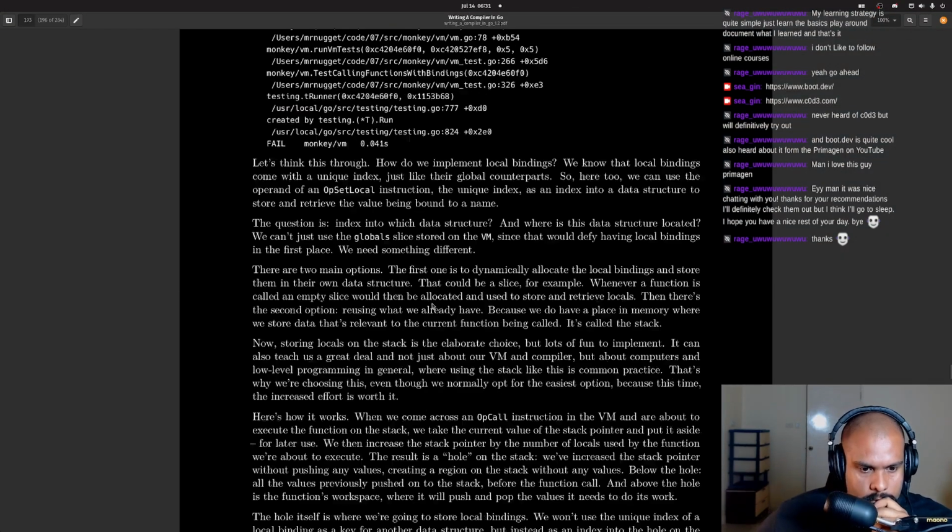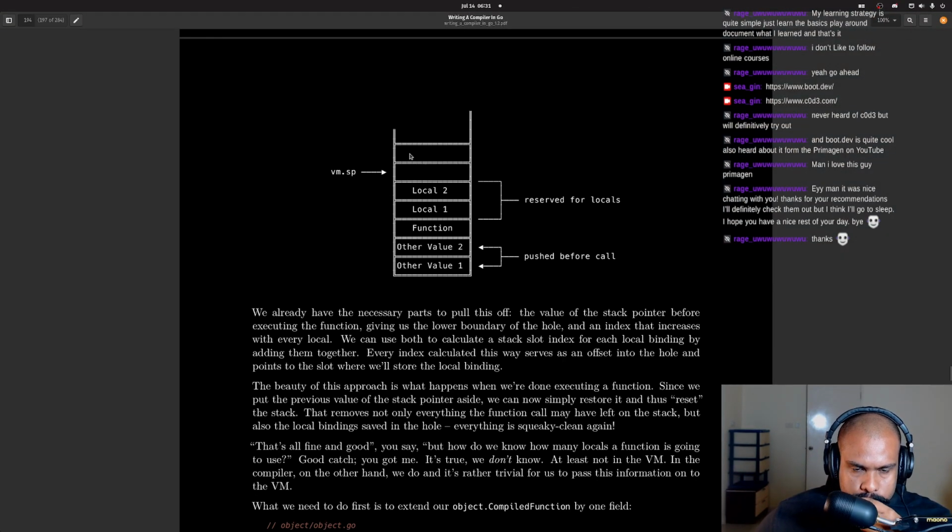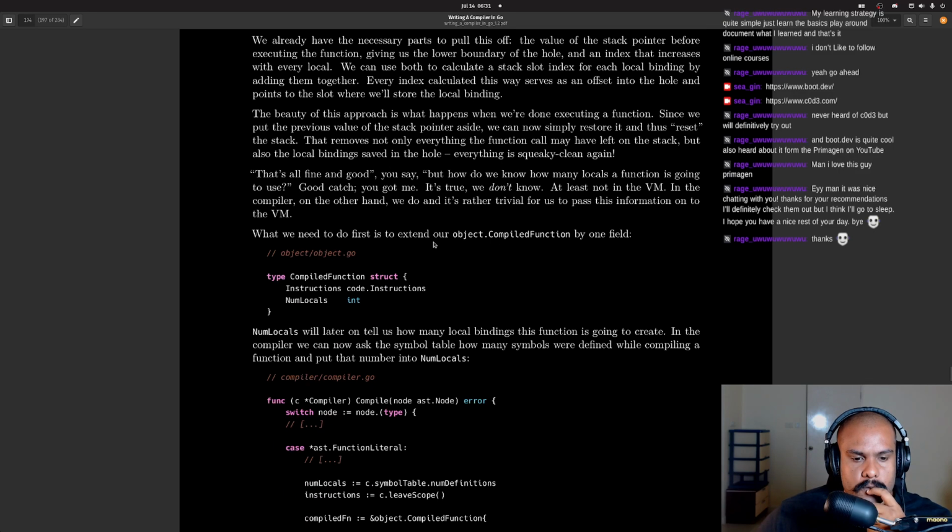Check. Op call. Function local 1, local 2, stack pointer. Yeah. Stack pointer should go beyond. Yeah, so I think it's plus equal to symbol count.